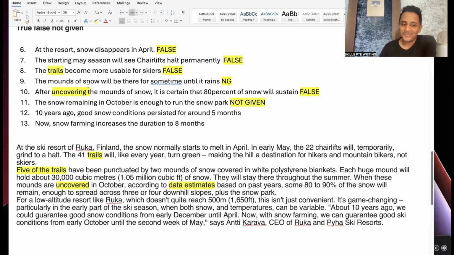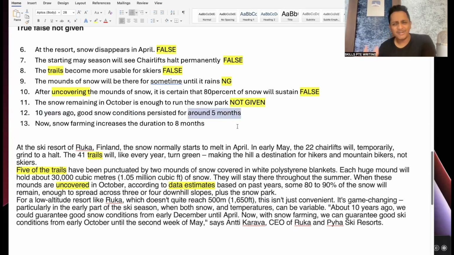Here you cannot assume. The next one, 10 years ago, good snow conditions persisted for around 5 months. True or false? 10 years ago. Now, about 10 years, 10 years. Can we take that into consideration? Yes. Because 10 years is not the main thing here. This is the main thing.